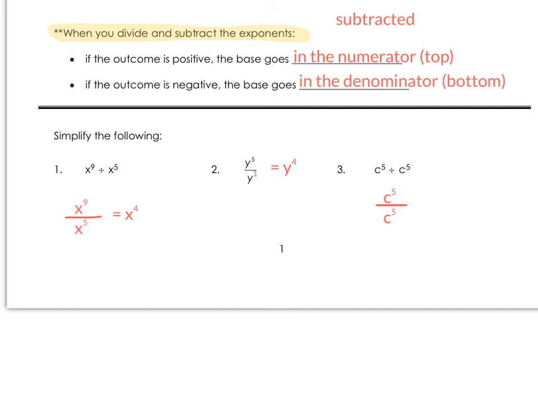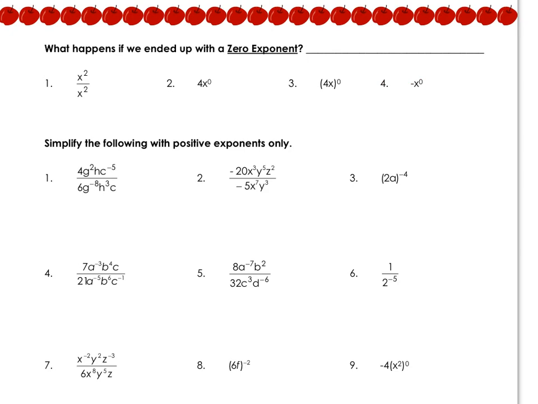And when I do that, I can see that that's actually the same thing in the numerator and the denominator. And remember, anything divided by itself is 1. So my answer here is 1. So there's all my answers for this page.